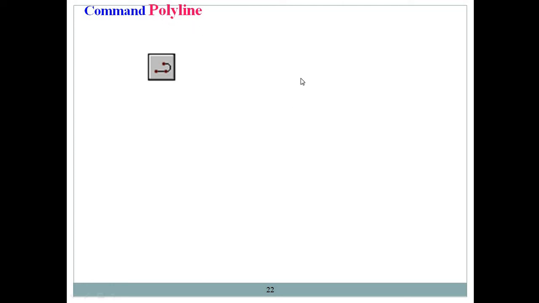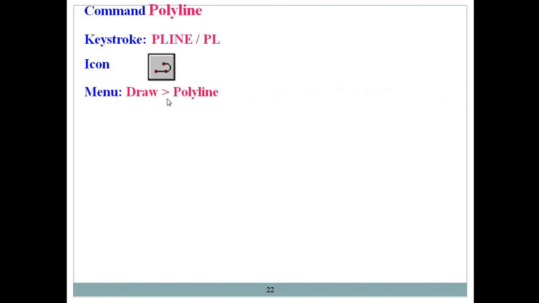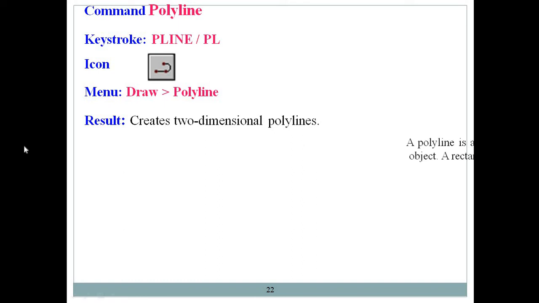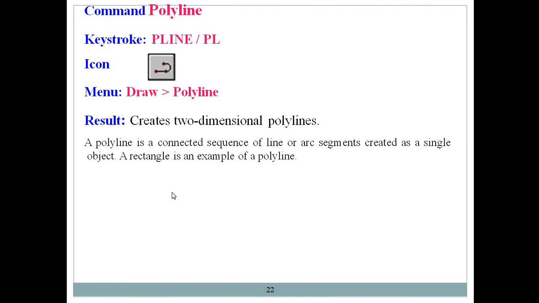Then the next command is polyline. This is the symbol of polyline, PLINE. Click here. This is the icon of the polyline. Then go to the menu, Draw, Polyline. We can create two-dimensional polylines and three-dimensional polylines. The polyline is a connected sequence of line or arc segments that can be used as a single object.